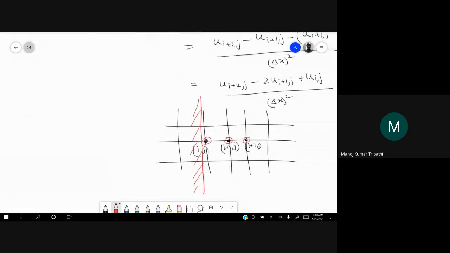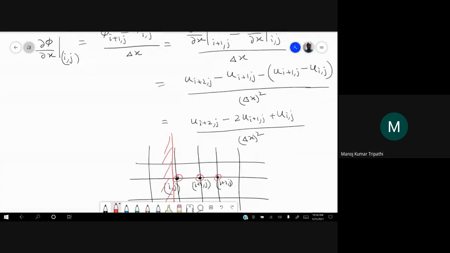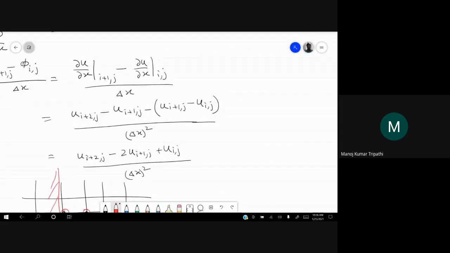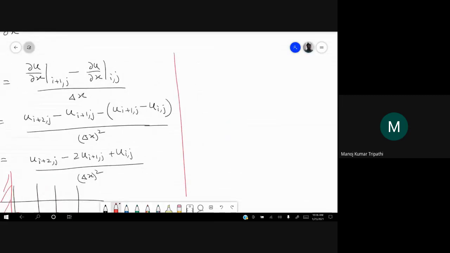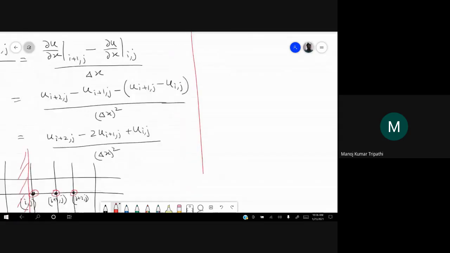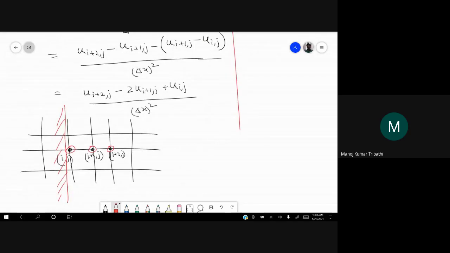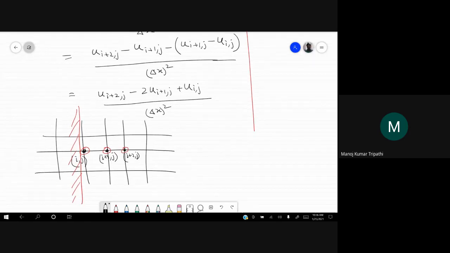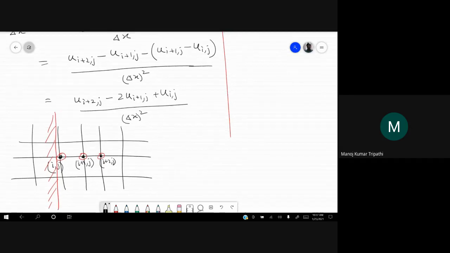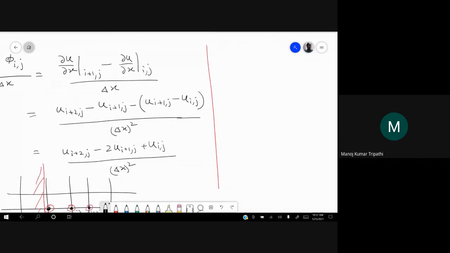Okay, we will see one more way of calculating this to show you how there are many possible ways of deriving this formula. Now, although there are no points existing between these grid points, we don't have the data at those points, we can still write the derivative at those points.